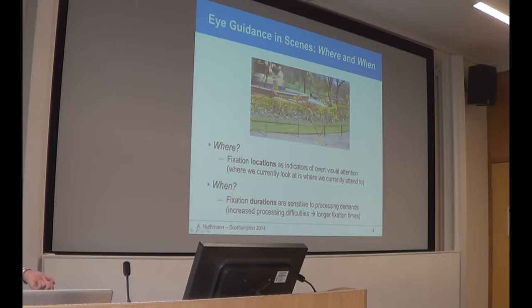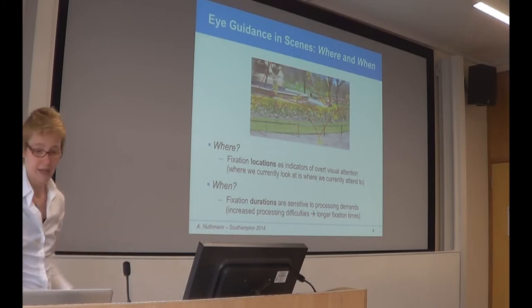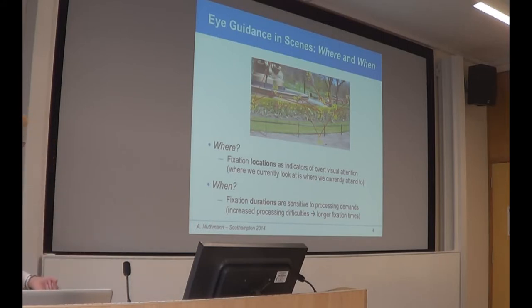The red lines are the eye movements or saccades, and they move the eyes to a different location, and the yellow circles display the fixations during which the eyes remain relatively still and visual and higher level processing can take place, right?